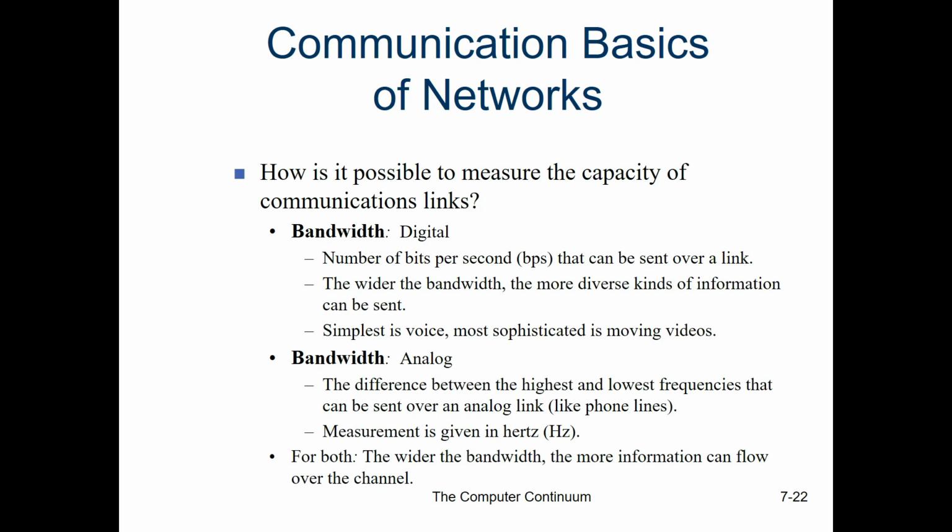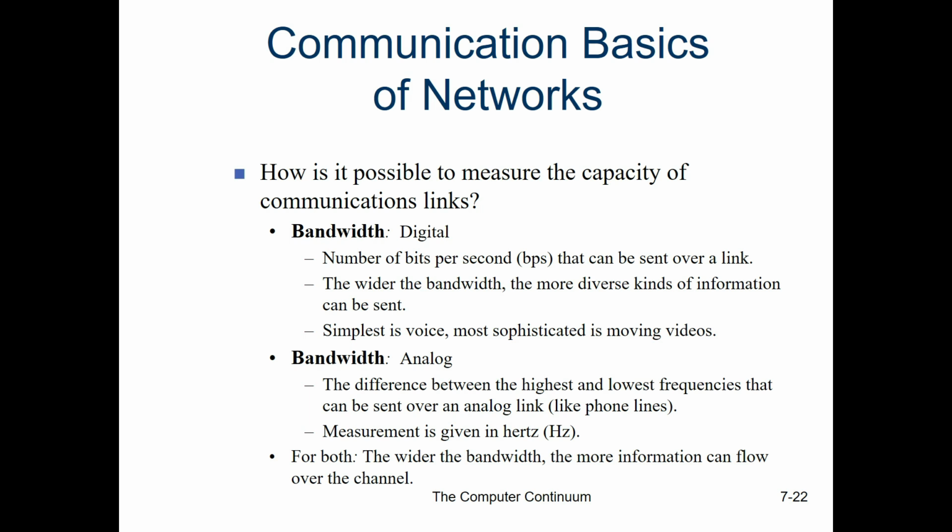And for analog, it's the difference between the highest and lowest frequencies that can be sent over an analog link like phone lines. It's measured in hertz. So for both, the wider the bandwidth, the more information can flow over the channel. It's obvious that if your channel is big, more information could be sent through it.